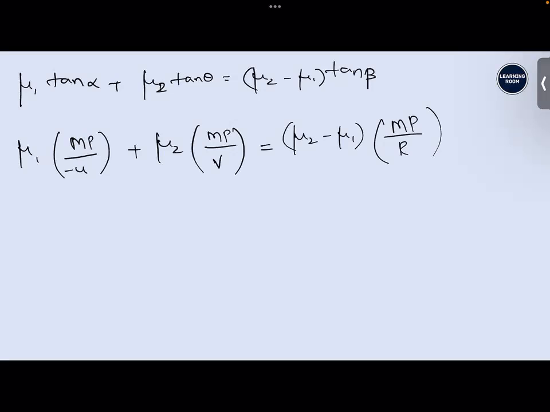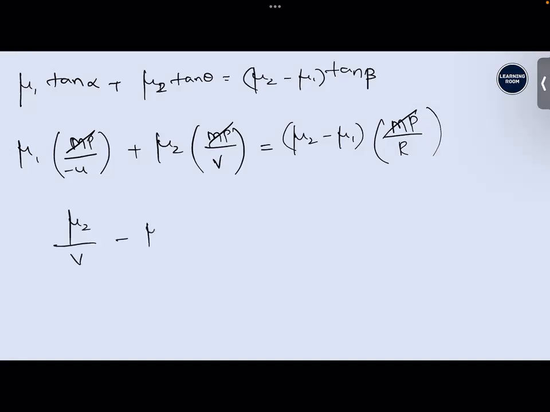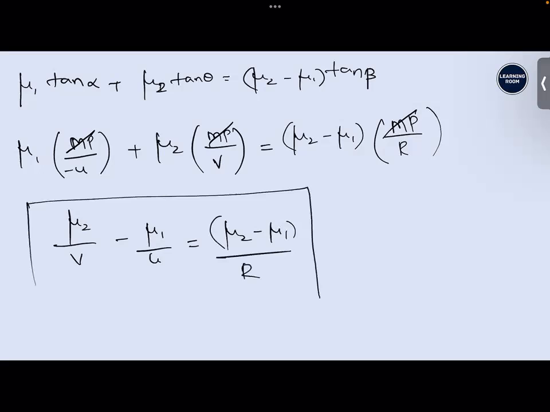MP divided by PC in one. So MP gets cancelled. You will be left out with mu2 by V minus mu1 by U is equal to mu2 minus mu1 divided by R. Is it clear?